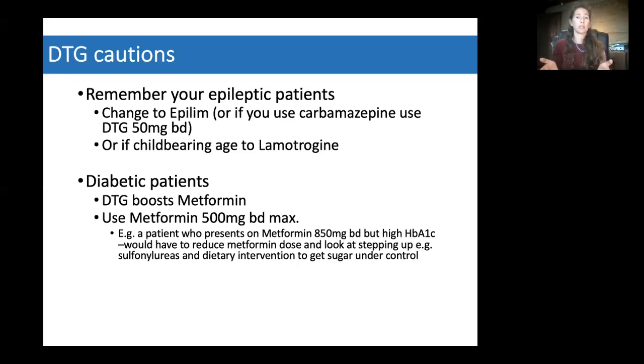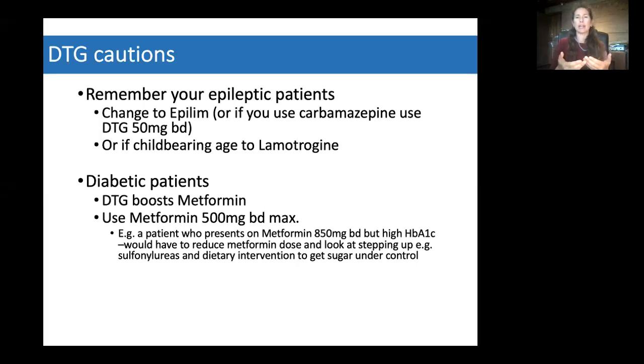They've got an HbA1c that's already up. You would have to reduce that metformin dose to 500 milligrams BD, or the patient is going to develop some of those horrible metformin side effects and is going to be at a higher risk of acidosis. So although you're giving metformin 500 milligrams twice a day, he's already on the maximum effect that the metformin can give him.